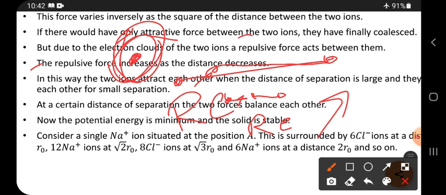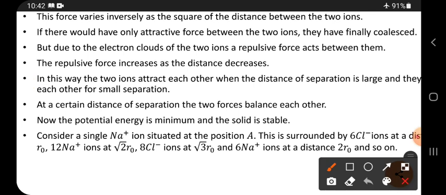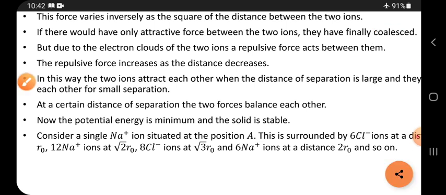These electrons start repelling the other atom's electrons. That is why two atoms never coalesce. They never meet together or stick together; they maintain a certain distance. Where the repulsion and attraction forces balance, there they stop and form a substance.